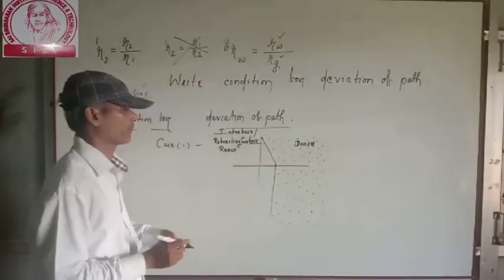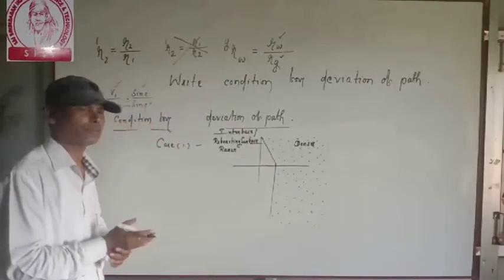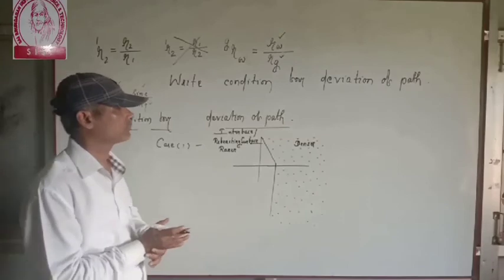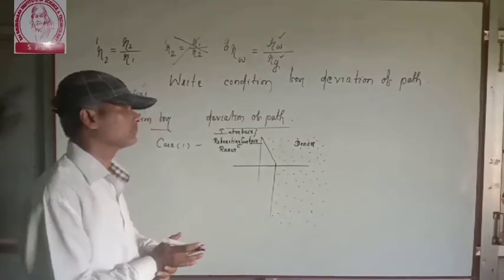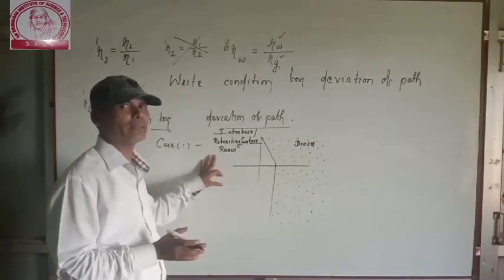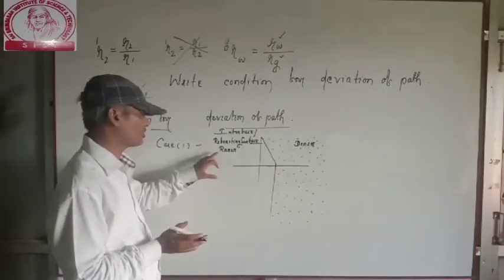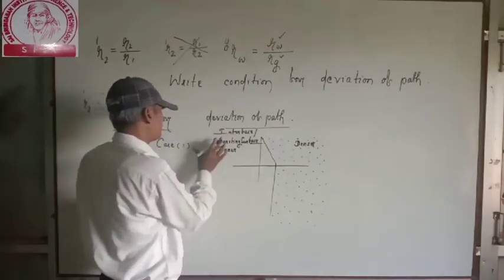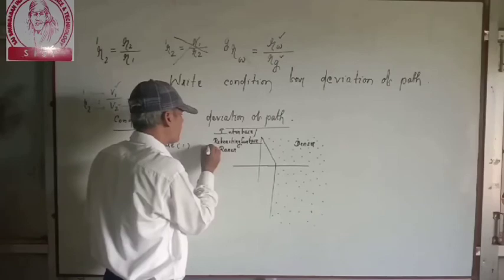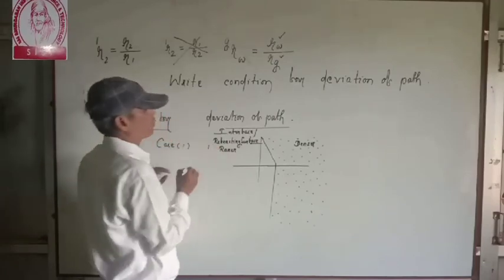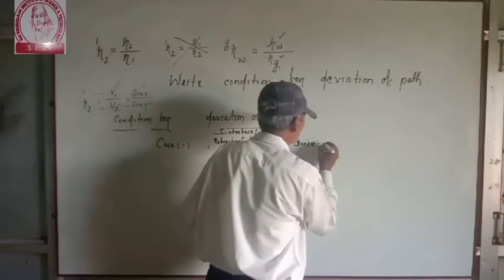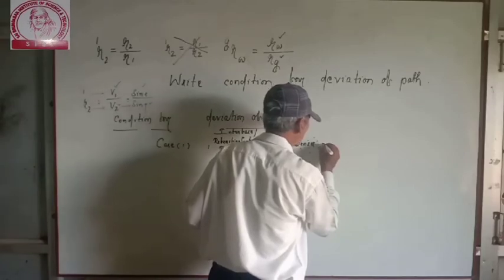What will happen? In rarer medium, let's say this is the rarer medium, and you can name it as 1 and name this medium as 2.